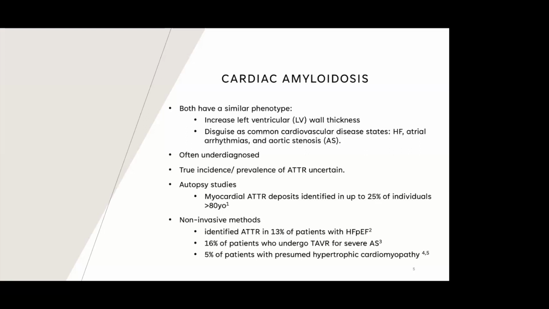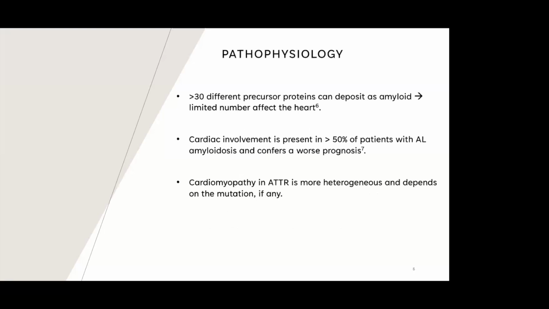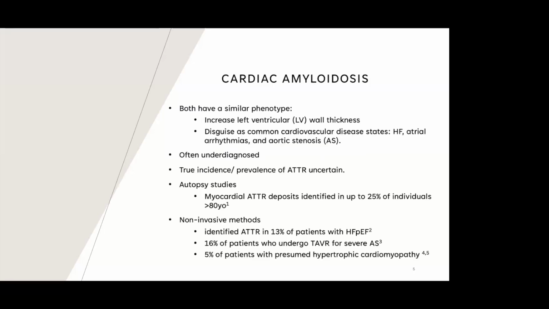Other non-invasive methods have also identified ATTR in 13% of patients with HFpEF, heart failure with preserved ejection fraction, 16% of those patients that had aortic stenosis and underwent a TAVI procedure, and 5% of patients that had hypertrophic cardiomyopathy.